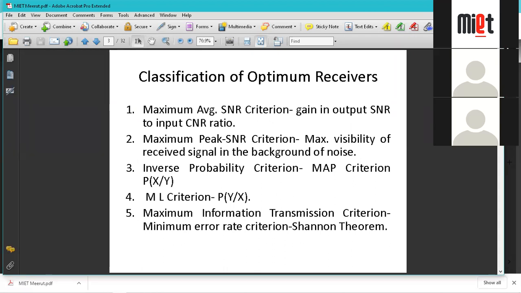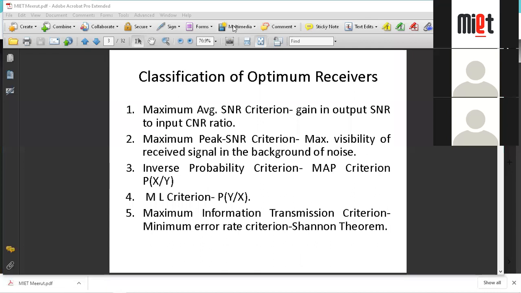I'm trying to classify what we thought of: that there will sometimes be some optimum receiver and we need to work for it. Now, how can we classify those so-called optimum receivers?